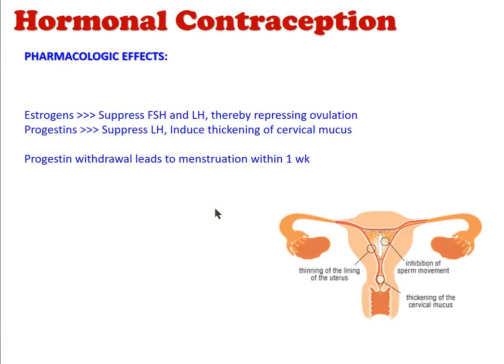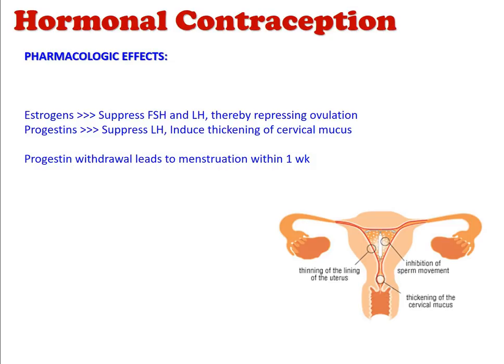Okay, so how they're working. If you remember what estrogen and progesterone were doing, when there was a possible pregnancy, they were higher and they were shutting down hypothalamus and pituitary release of GnRH and FSH and LH. So this is exactly what it is doing.